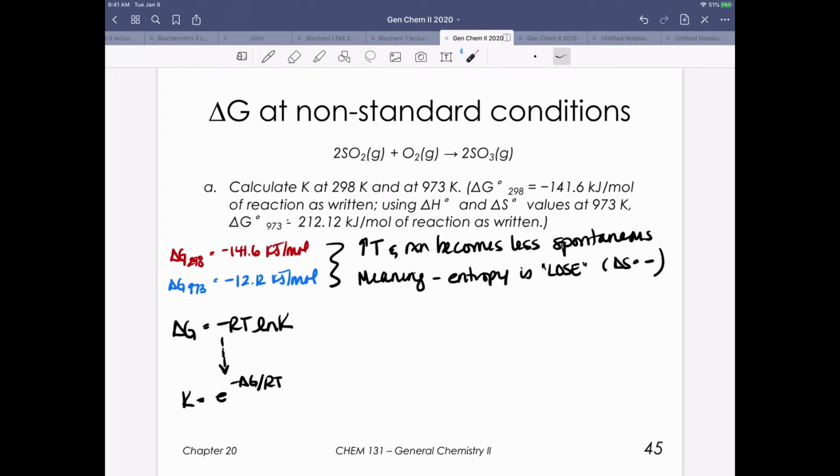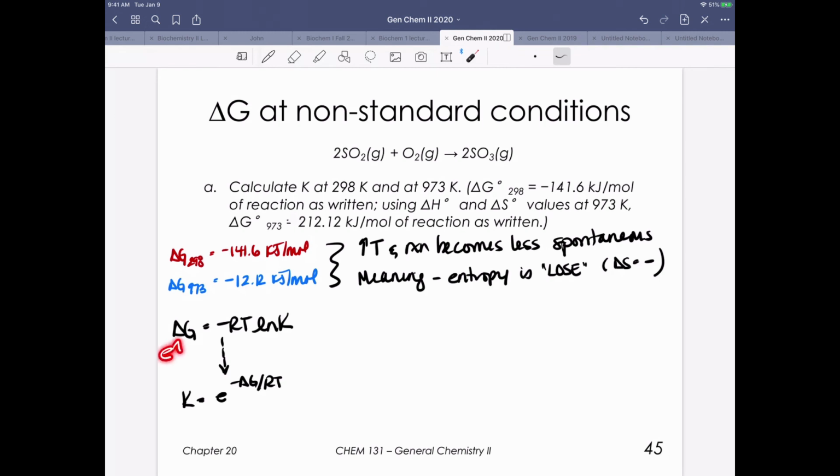But if we want to just do this problem and calculate K, what we need to do is take our equation, delta G equals minus RT ln K, and solve for K. If you need some help with this algebra, make sure to reach out offline here.